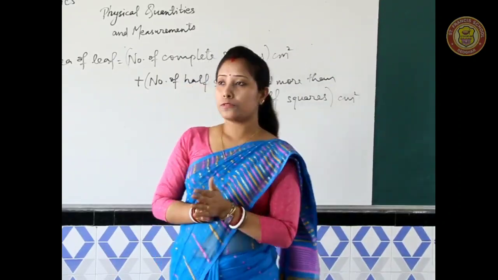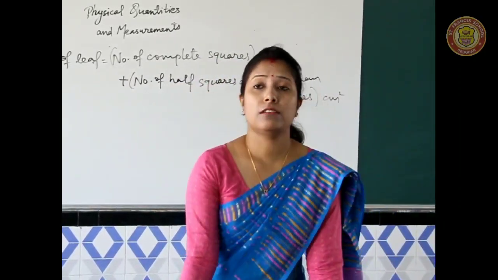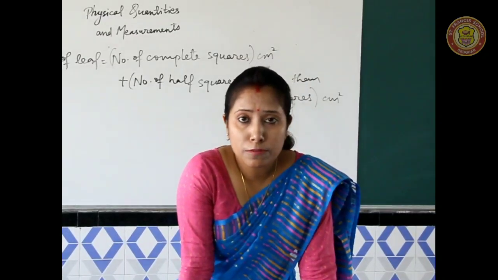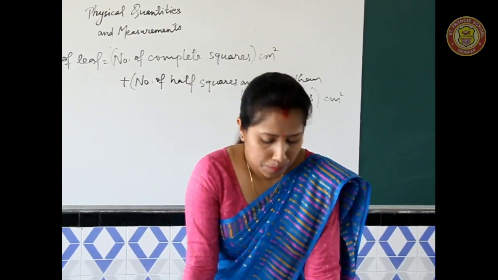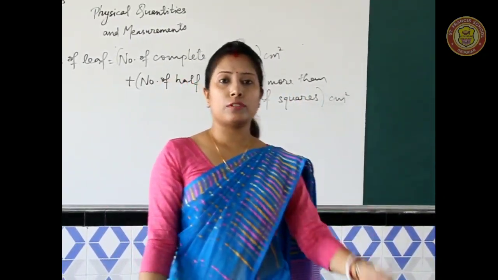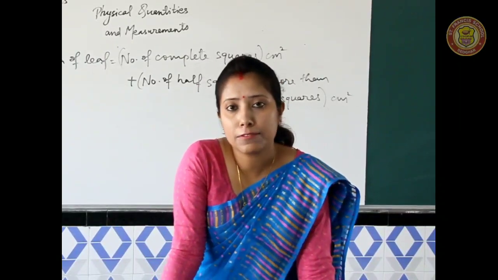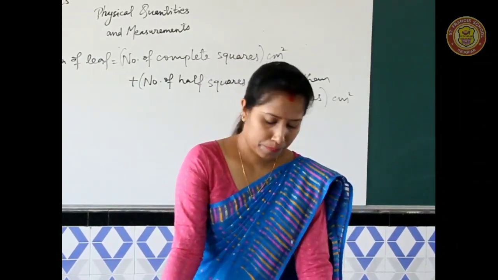So when we move to measuring volumes, there we will deal with measuring the volume of solids and measuring the volume of liquids. Measuring the volume of solids is easy because we know that solids have fixed shape and fixed volume.